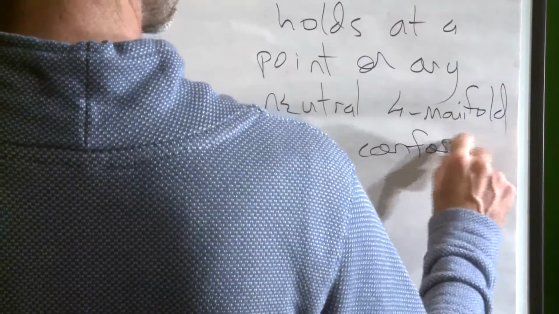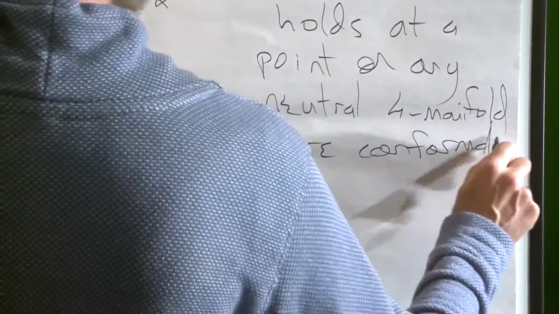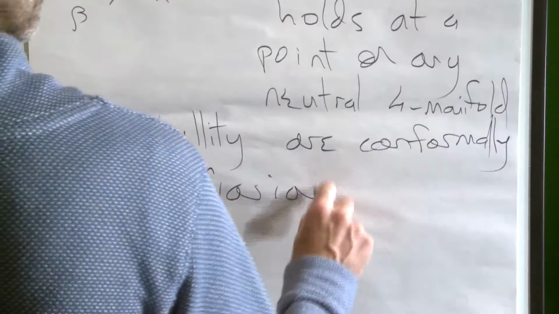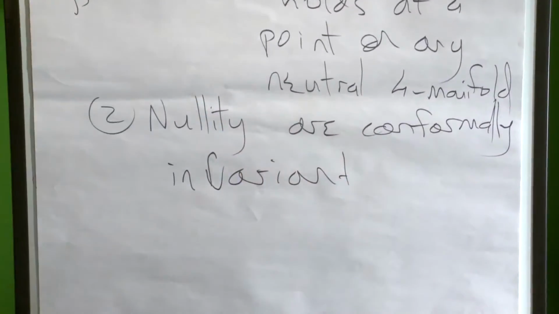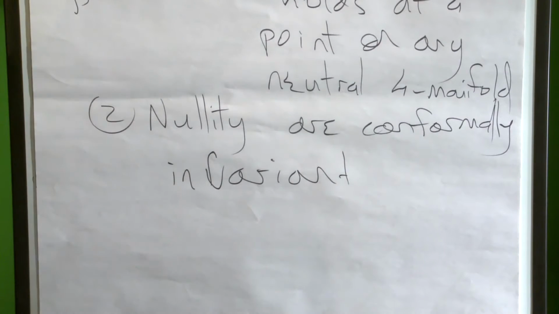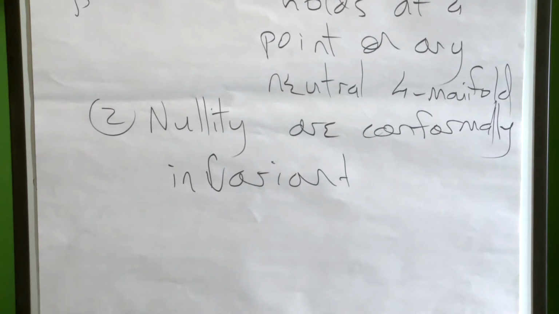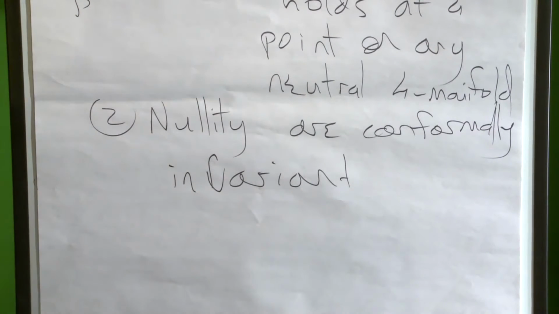So if you change your initial metric by a conformal factor, these structures stay null with respect to the conformally related metric. Okay, so that's the background, if you like, to the material.